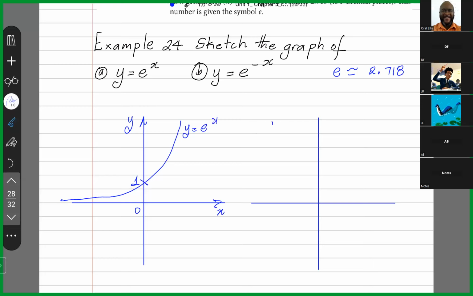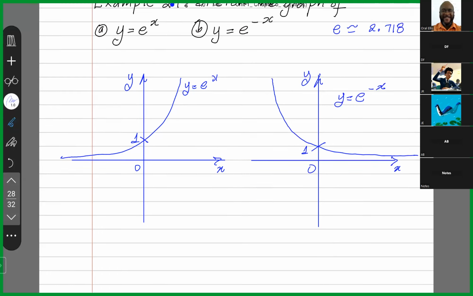So the other graph would look something like this. Y-axis, x-axis, again, this is 1, the origin, and this is y is equal to e to the minus x.